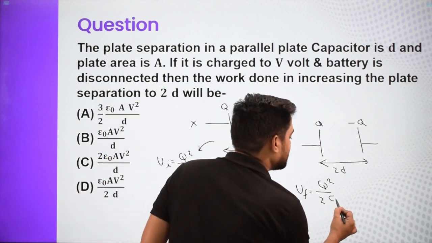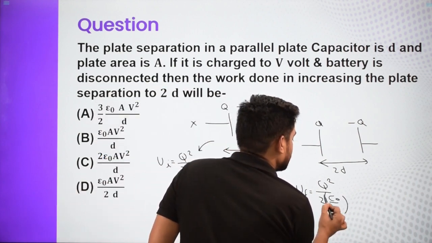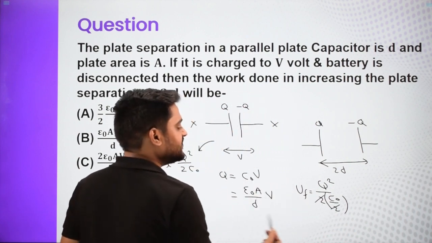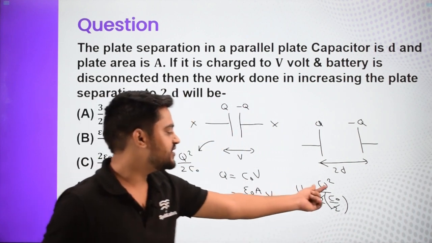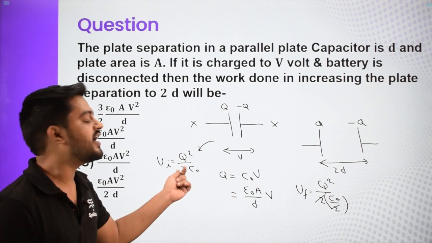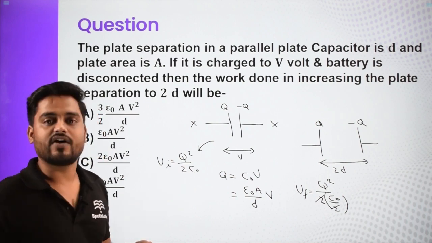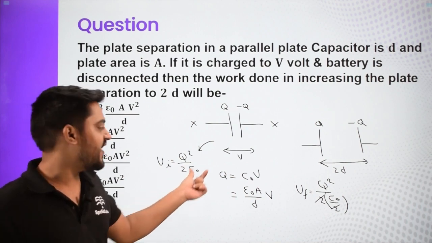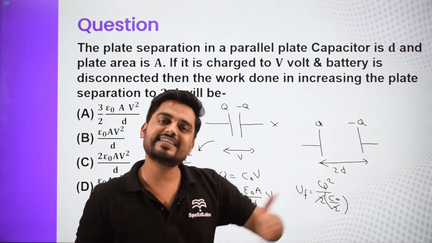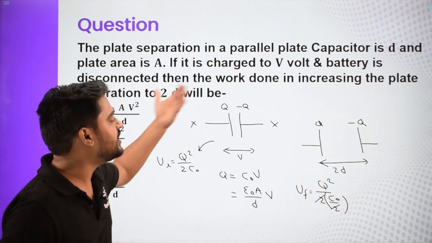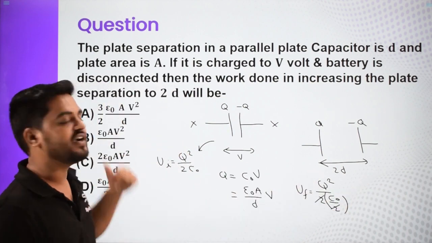The capacitance becomes half. So now this is Q square by C naught, and this is Q square by 2C naught. So this energy is half. The initial energy is less, the final energy is more. So it's an increase in potential energy. So we are doing work on this, and that is what is being asked.